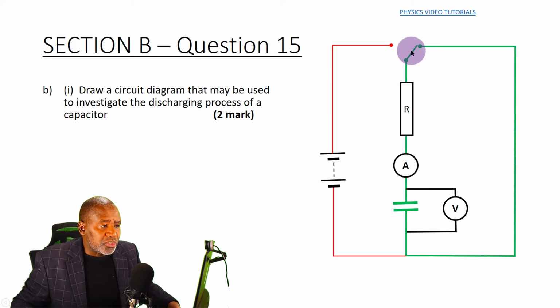The moment we connect the toggle switch on the other side, the capacitor starts discharging across the resistor. So there must be a resistor here for us to be able to observe how the voltage changes with time, and again how the current changes with time. That resistor is important. So that is the kind of circuit that we would expect.